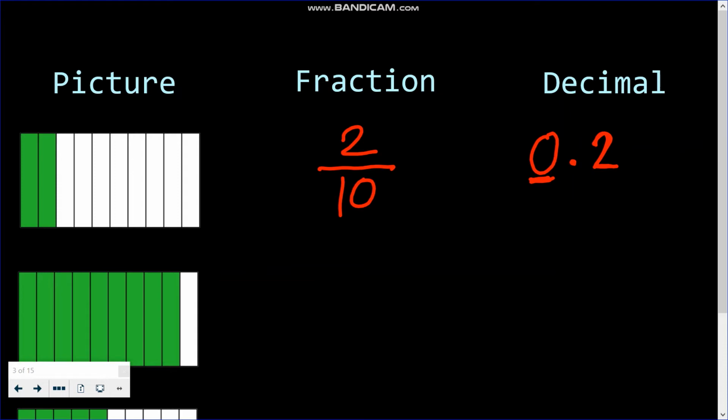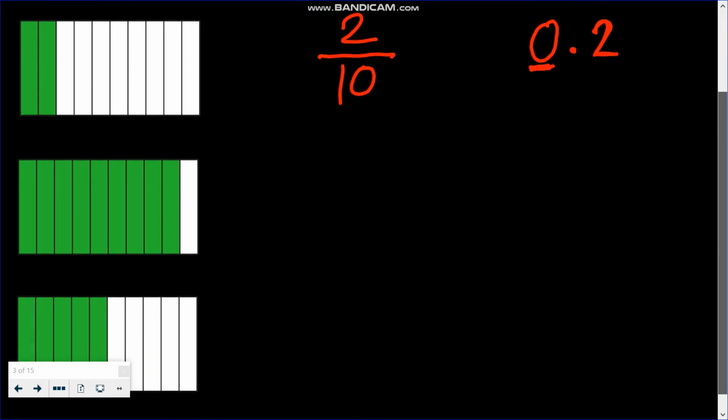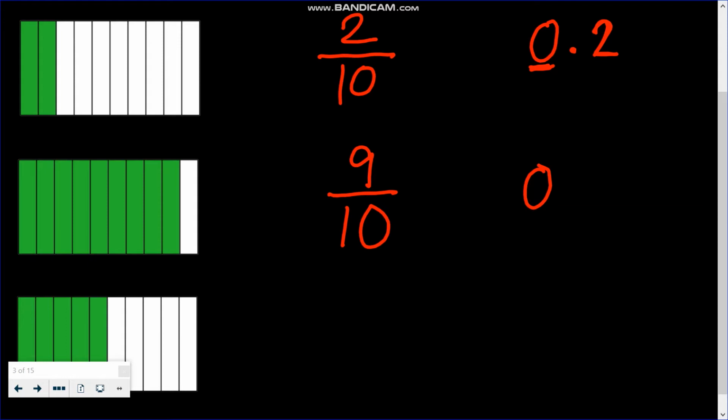Now next one. How many parts of the rectangle are shaded? So we have 9 out of 10 parts. So we can write that in decimal as 0 because there is no complete rectangle shaded, followed by the decimal point and 9.